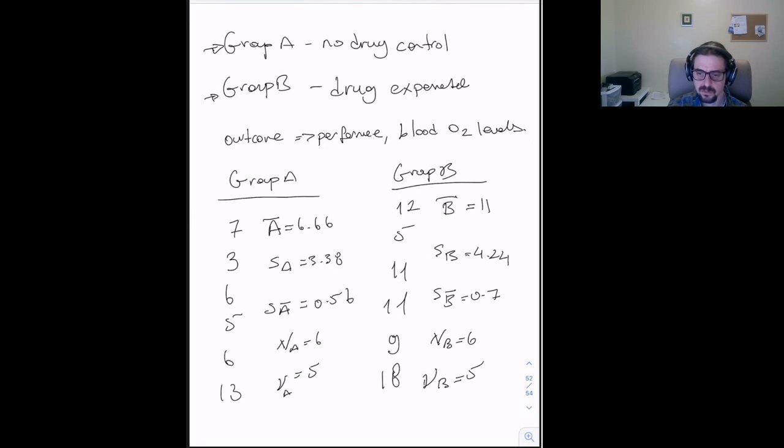Okay, so with this said, we need to test our hypothesis. The hypothesis was comparing group A and group B, and the hypothesis was that the drug increases athlete performance. So that's the question. That means we have increased blood O2 levels, right?